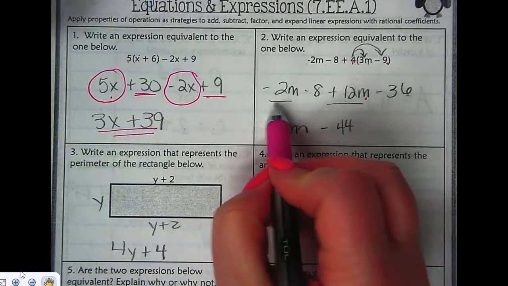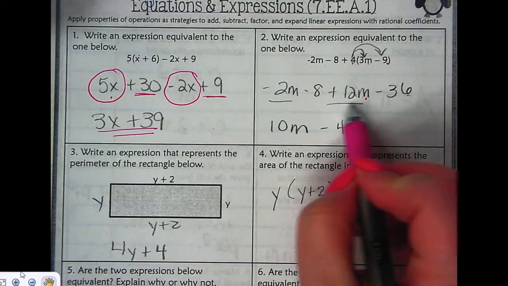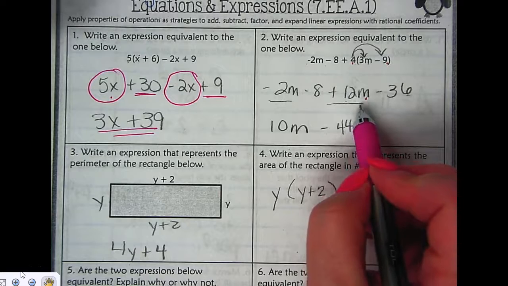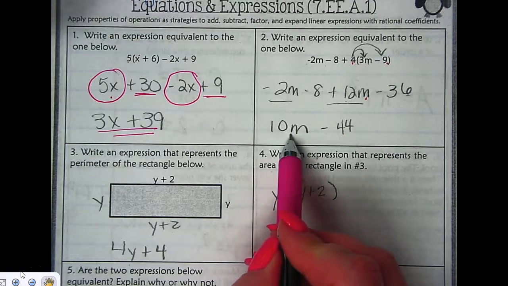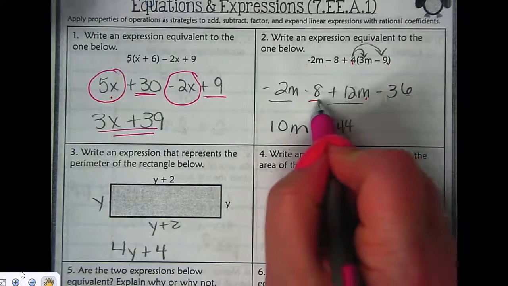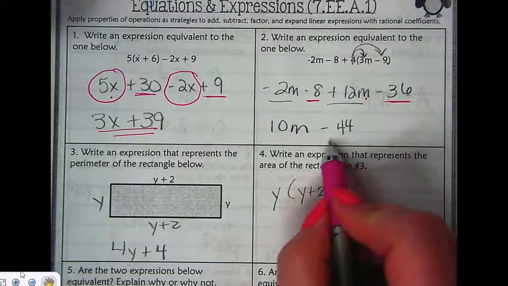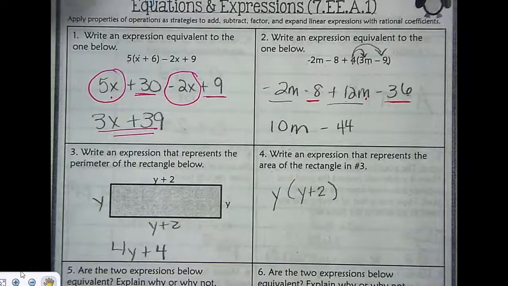Combine like terms, a negative 2m and 12 positive m's. When I cross off the 0 pair, I'm left with 10 positive m's. Negative 8 minus 36 is negative 44. Would you agree? Yes? Questions on that one?